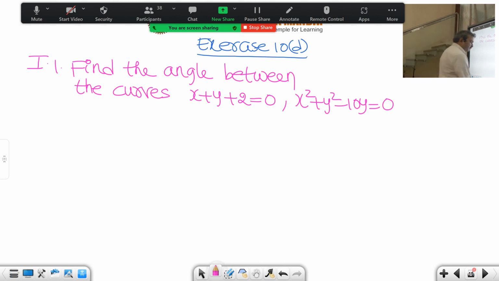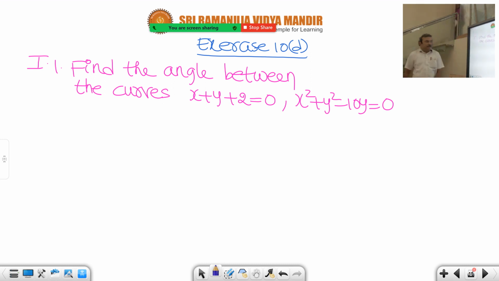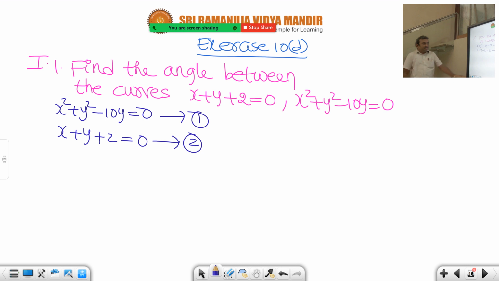Okay, we will do. Right. Look here. x square plus y square minus 10y is equal to 0 and it is curve 1, right? And here x plus y plus 2 is equal to 0. It is curve 2. So solving 1 and 2.